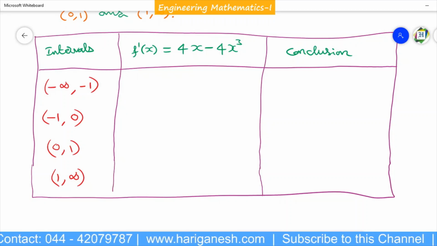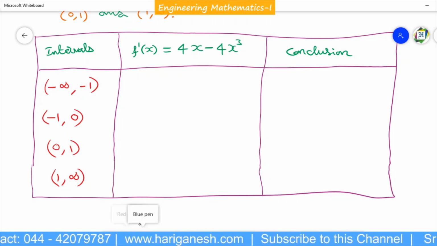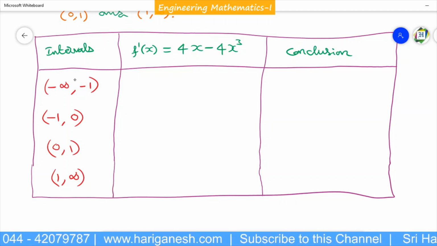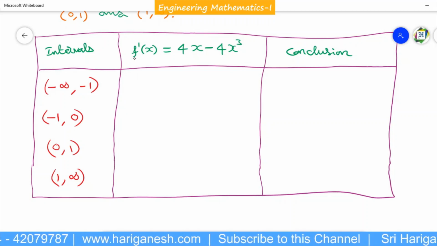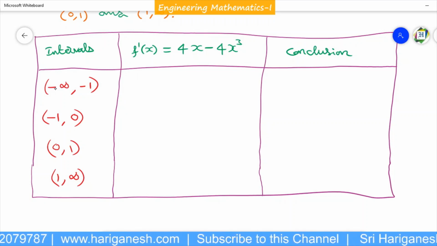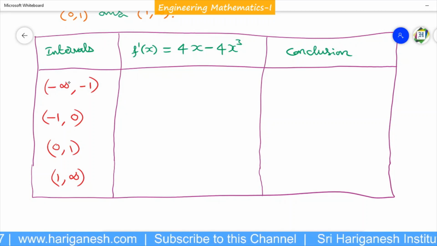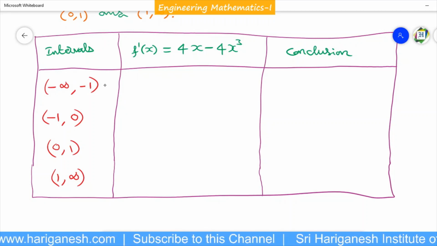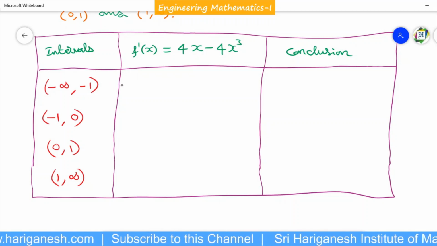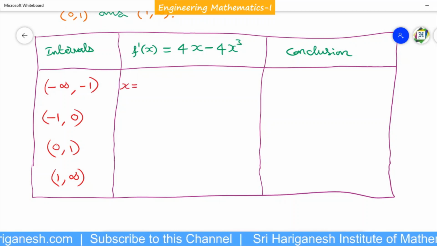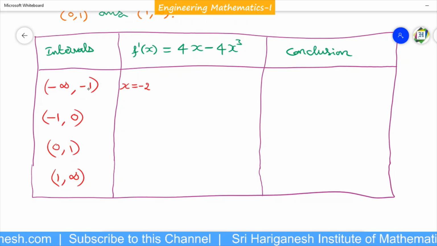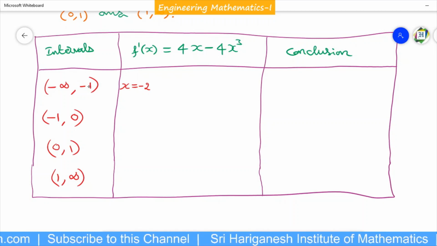Okay, now I'm going to put values in the f dash of x. So I want to choose any number between minus infinity and minus 1. So randomly I'm choosing minus 2, because minus 2 lies between minus infinity and minus 1.